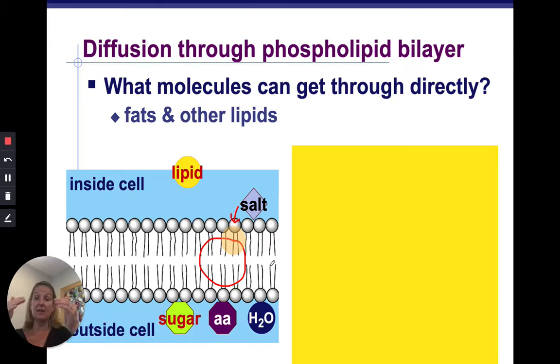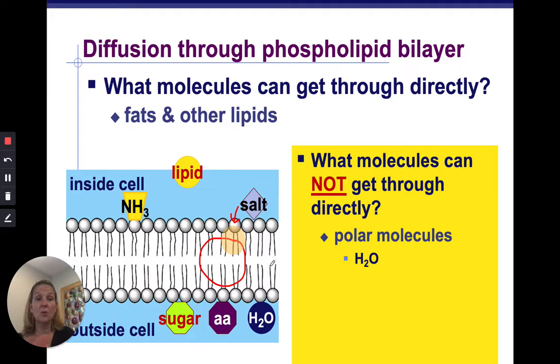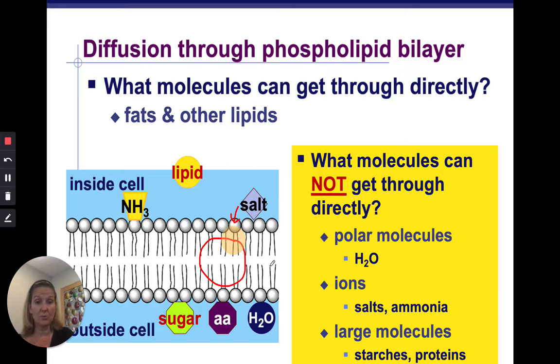Salts that are inside the cell cannot go straight through because they're polar. Salts like NaCl, Na+, Cl-, are polar, hydrophilic. They can't get through that hydrophobic interior. NH3 cannot get through. So polar molecules can't go through, ions can't go through, and large molecules can't go through straight away.